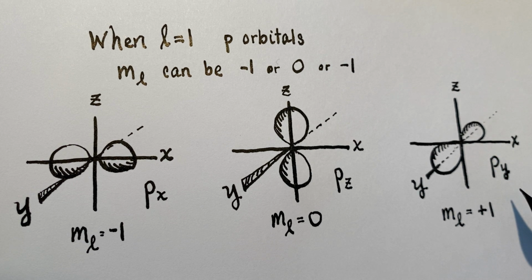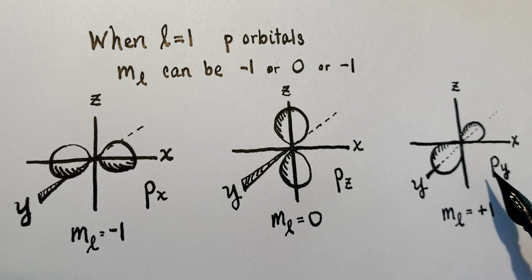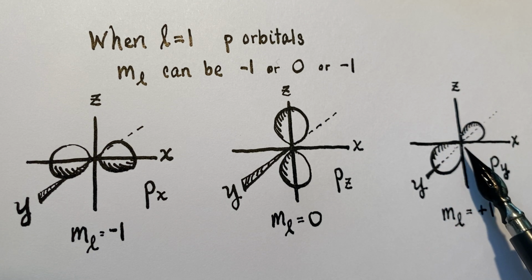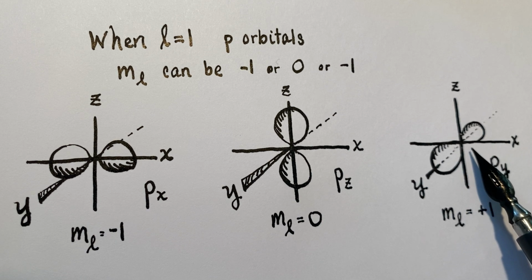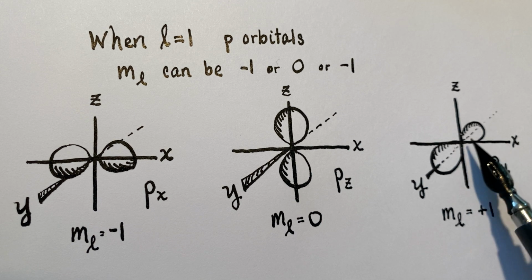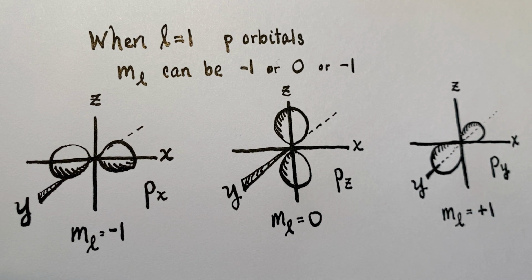And in the case of the py orbital, the nodal plane is this xz plane. I can't go behind this lobe here, but it separates those two lobes from each other. All right, so here are the 3 orientations. These are the 3 that correspond to the 3 possible values of m sub l, the magnetic quantum number.